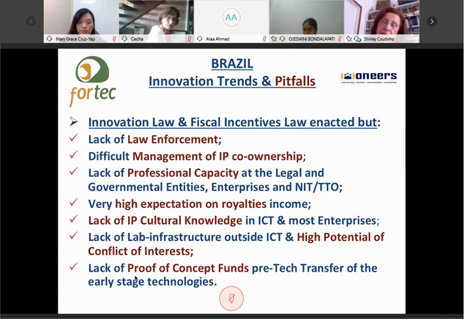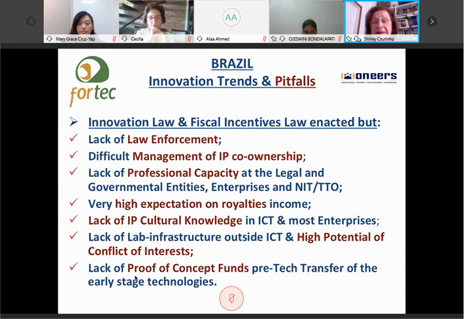We have some strengths and pitfalls. We have the law, very well updated in 2016, the innovation law, but it lacks enforcement. Co-ownership, which is provided for in our law, is difficult to manage. Professional capacity is another issue, mostly in enterprises as well as in the industry and service sector.